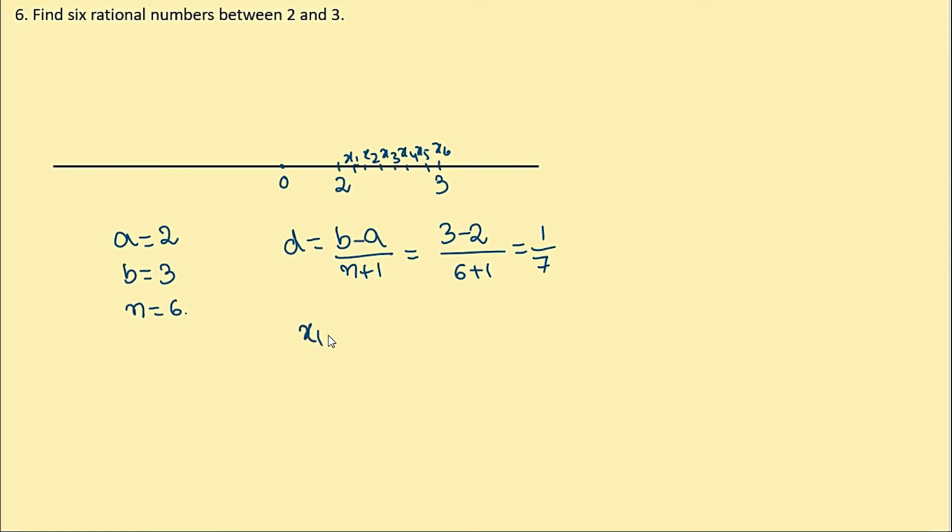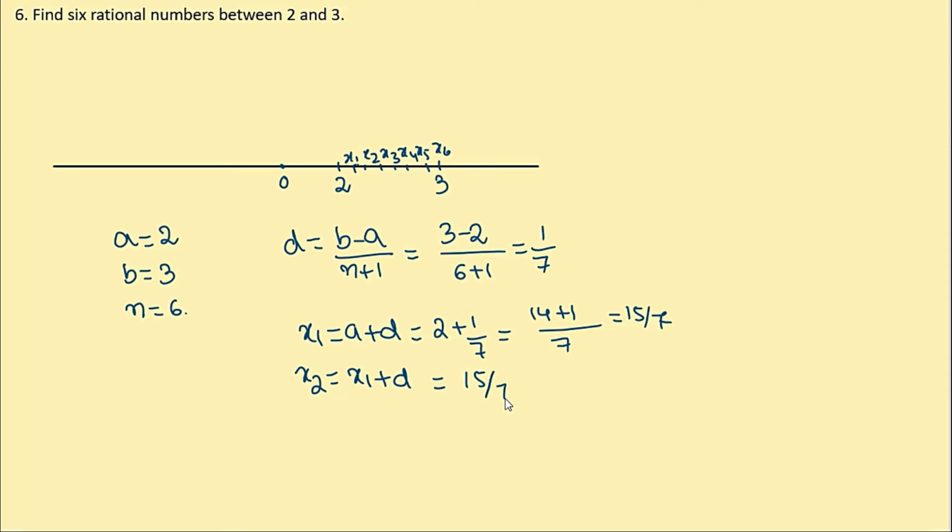So, X1 equals to A plus D, that is 2 plus 1 by 7. So, 7, 14 plus 1, 15 by 7. X2 equals to X1 plus D, that is 15 by 7 plus 1 by 7, 16 by 7.